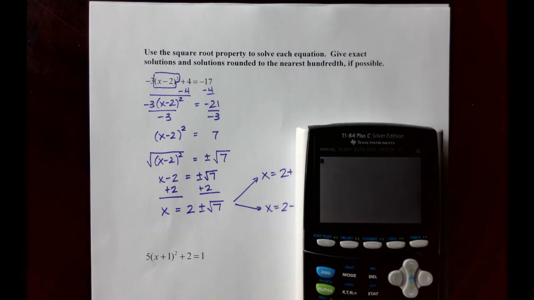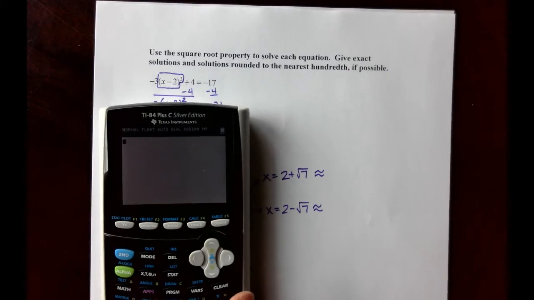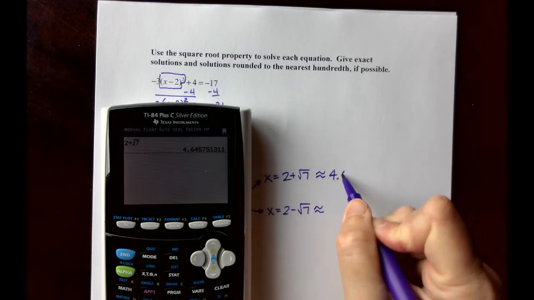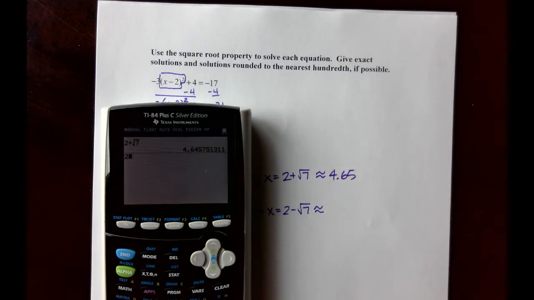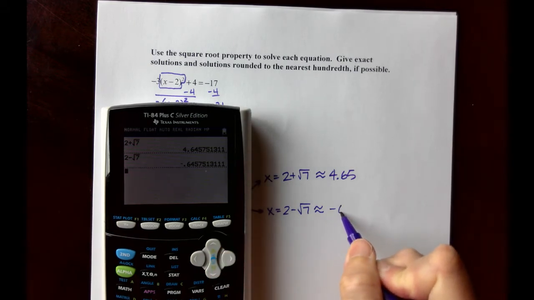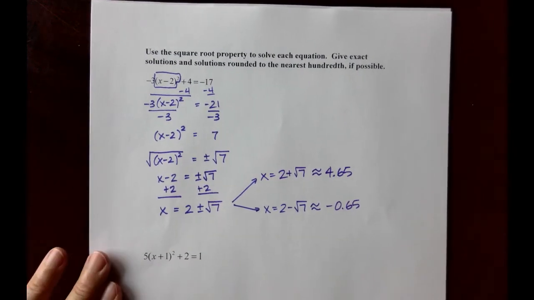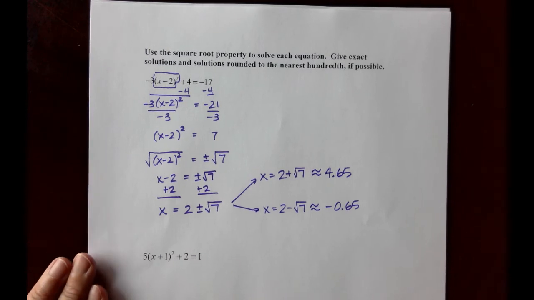On the calculator, make sure you can see it. 2 plus square root of 7 gives us, to the nearest hundredth, 4.65. And then 2 minus the square root of 7 gives us -0.65. So we get two solutions to this equation.